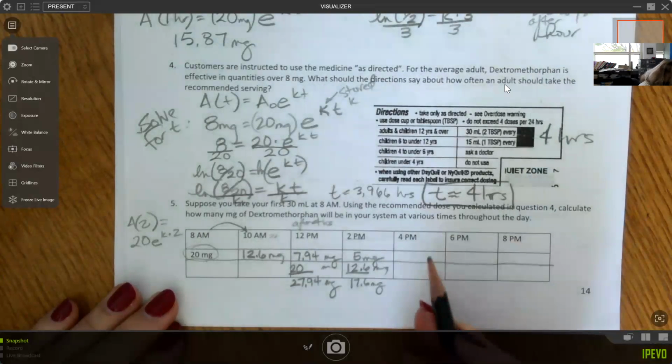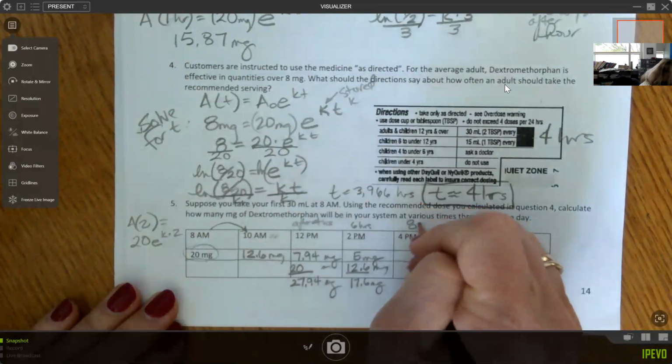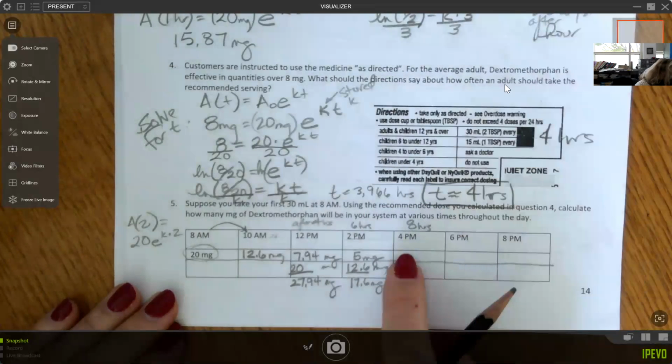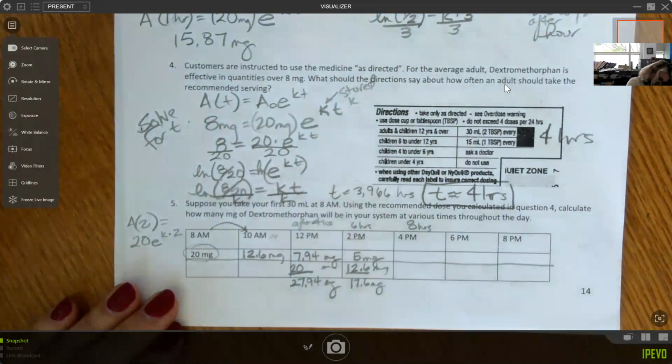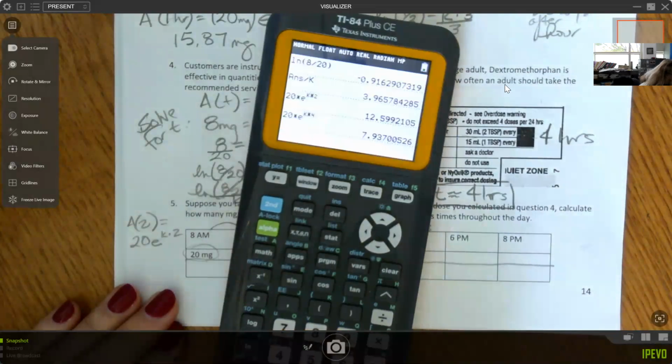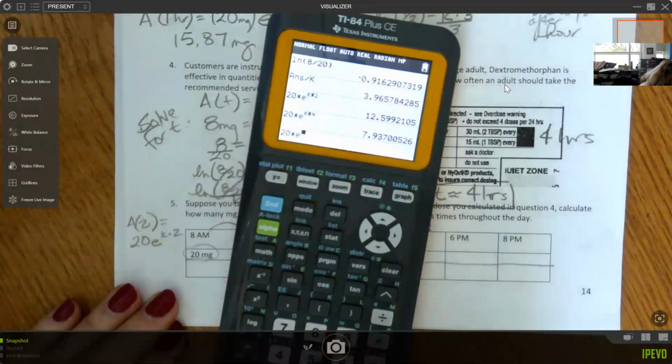So what happens now? This was the 6 hour, now I am at the 8 hour point. How much is left of the 20 milligrams? Did someone already figure that out? Let's do that: 20 times e to the k times 8.